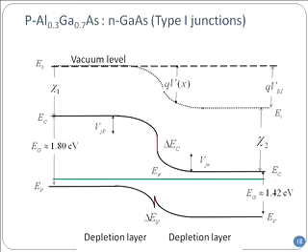Okay, so a few more types of heterojunctions, and then we will be done. What is the difference between the picture that I just drew a few minutes ago and this one? It's the same aluminum gallium arsenide system, except it looks very different. Why does it look so different?